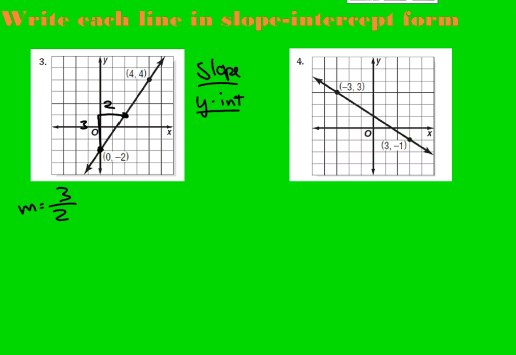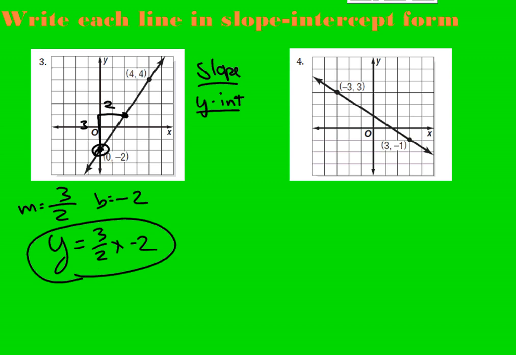My y-intercept is, where do I cross? Well, I cross at negative 2. So my equation is going to be y equals 3/2 x minus 2. For this one, check it out. It goes negative. So I've got to keep that in mind. I've got to look at what is my slope.